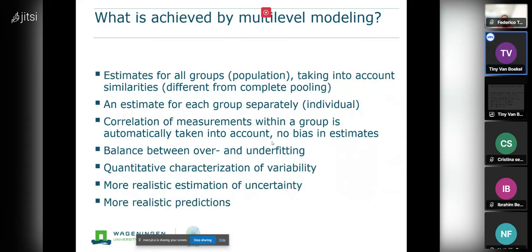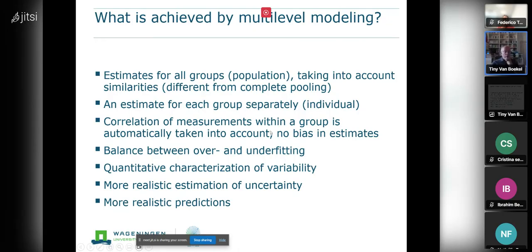So what is achieved from multi-level modeling? You can have estimates for all groups, for the whole population, but also for each group separately. And the very nice thing about this approach is that measurements that are probably correlated are automatically taken into account because of this multivariate distribution that is assumed.